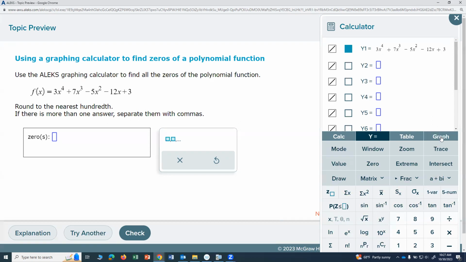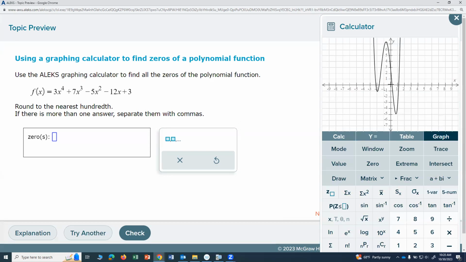And go to the graph to make sure you have a good window. Okay, we have a window where we can see all of the x-intercepts, which is what we're looking for. Zeros are the same as x-intercepts. And they say if there's more than one answer, separate them with commas.